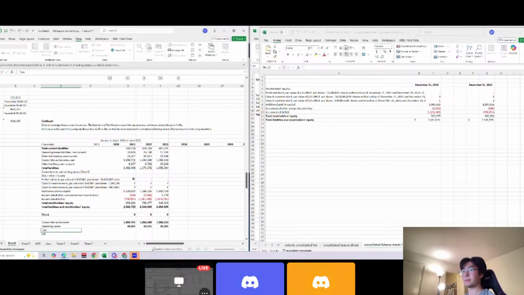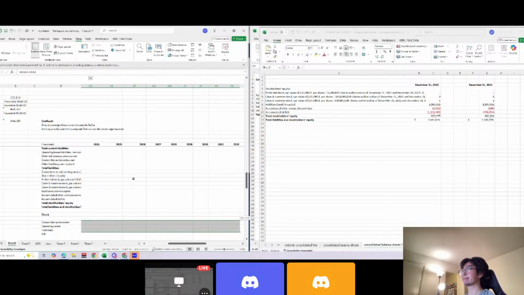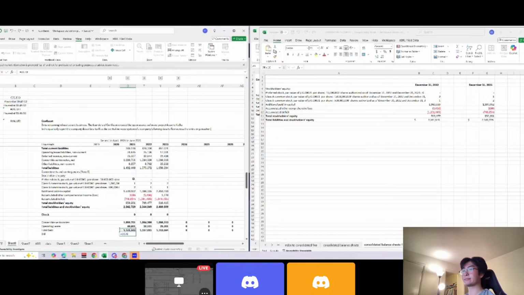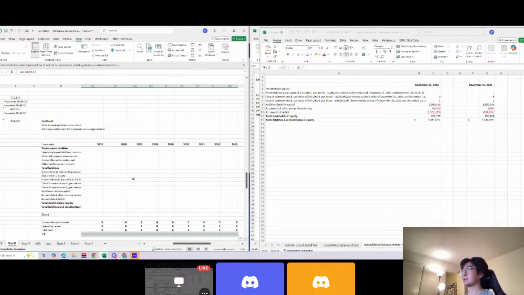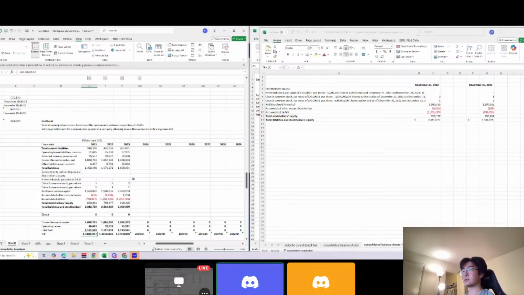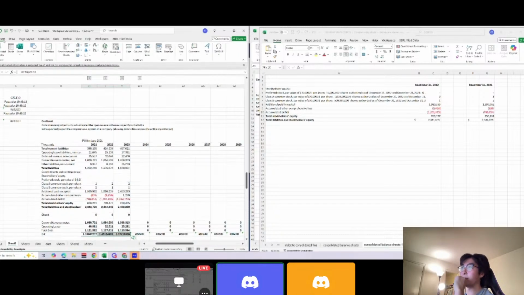Total debts by equity. It's about 1.3. I don't think the interest expense is that much though.